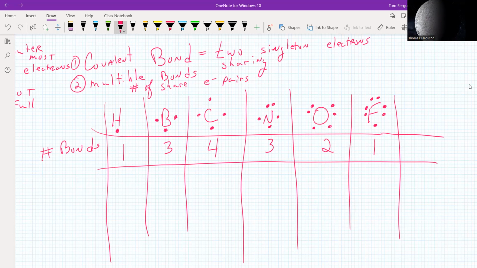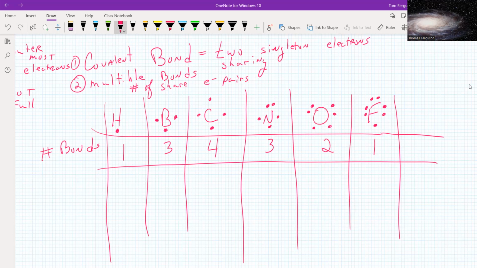Now I'm going to talk about in a few minutes the concept of a legal Lewis structure. To be a legal Lewis structure, two things have to happen. The number of bonds have to be correct, and each atom except hydrogen has to have 8 electrons or an octet.